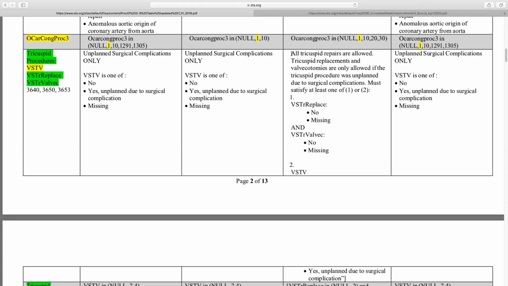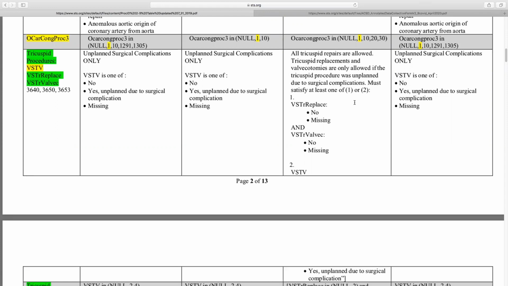The reason why all tricuspid repairs were allowed was, I believe, for two reasons. The first was that when the risk modeling task force looked at the mitral valve and at concomitant tricuspid valves repaired, they did not see a significant difference in outcomes related to these procedures.